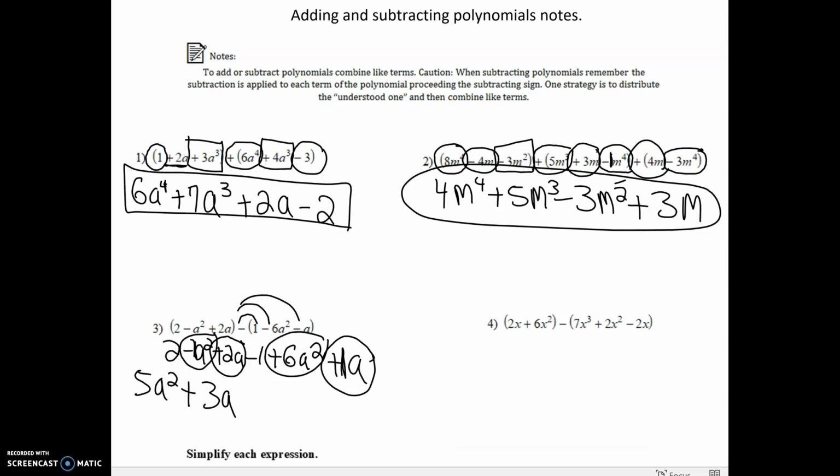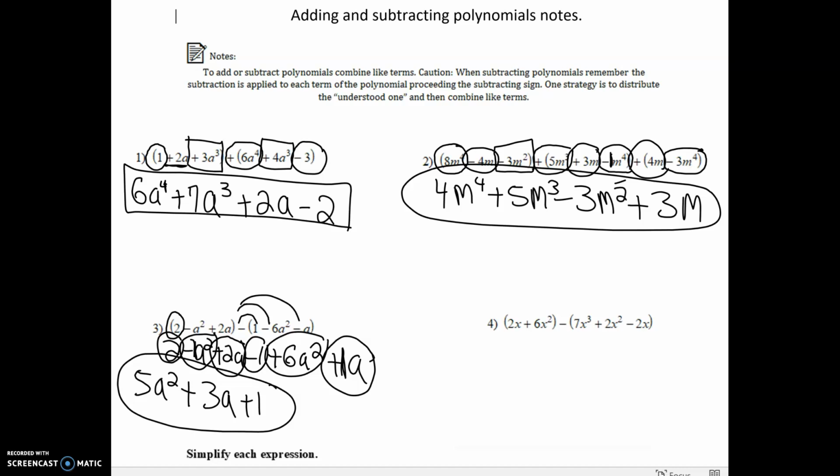And then the last one is going to be a 2 here, negative 1. So 2 minus 1 would be positive 1. Okay? Do you guys remember the name? That's a quadratic trinomial.